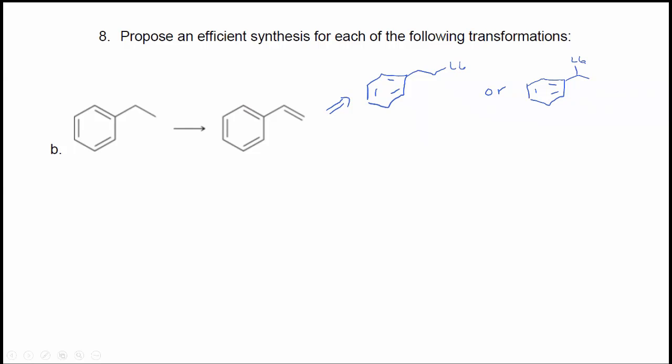And since this is chapter 18 and we just learned how to put a leaving group on the benzylic position, that is probably the easiest one to get to. So what we can do is add NBS. And you can add the Br there with NBS. You can also do this, I learned yesterday in the virtual lab, using Br2 and heat.